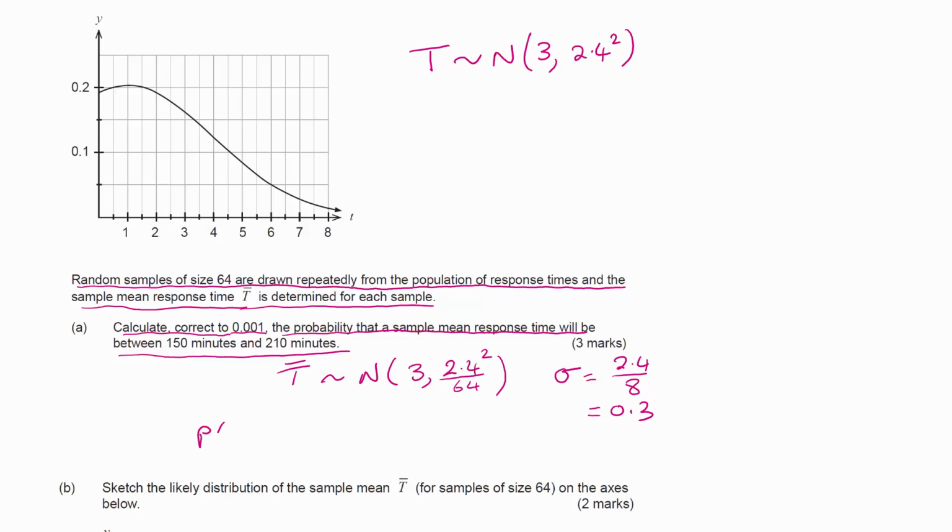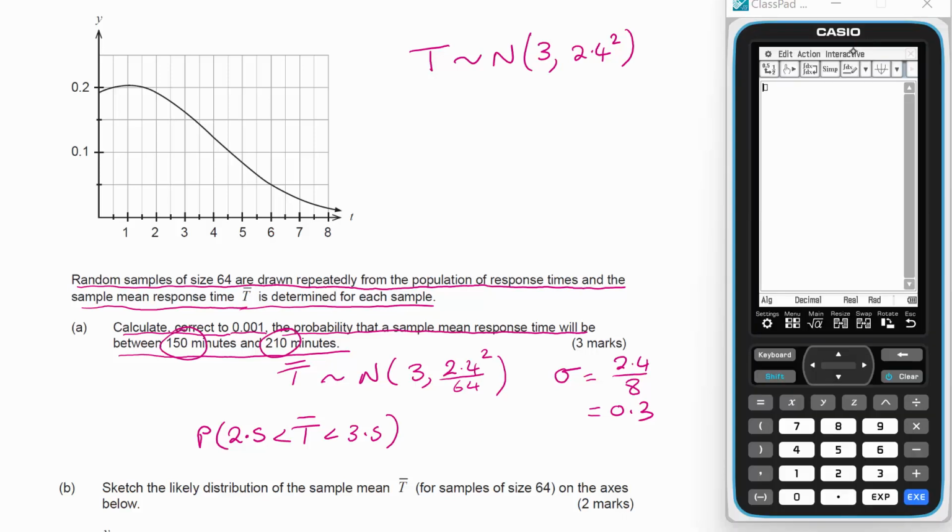And then we're after the probability of t bar being between 150 minutes, which is 2.5 hours, and 210 minutes, which is 3.5 hours.